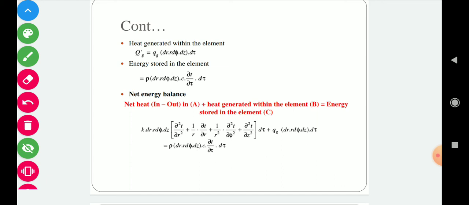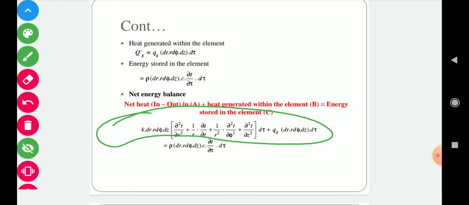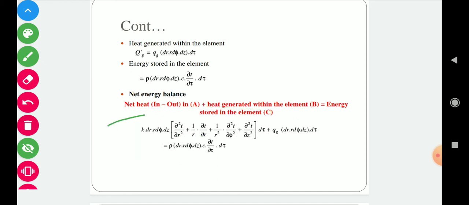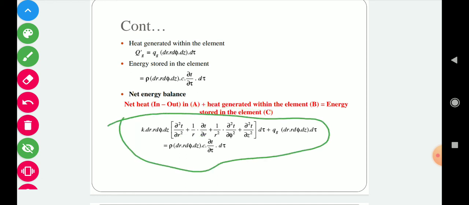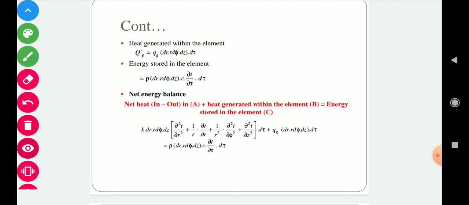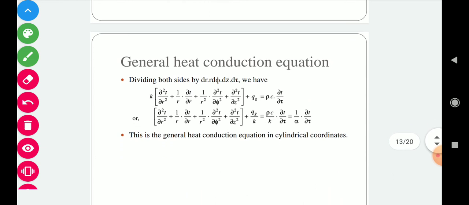So after putting all three equations, we finally get this equation, which on further simplification can be written as this. This is only putting the values of the above three equations.